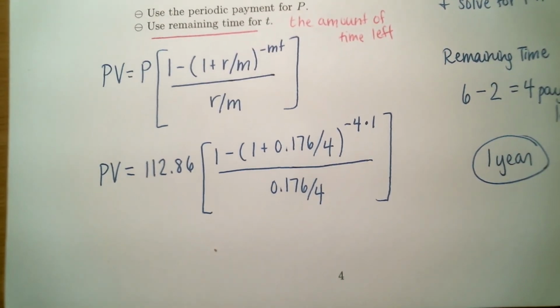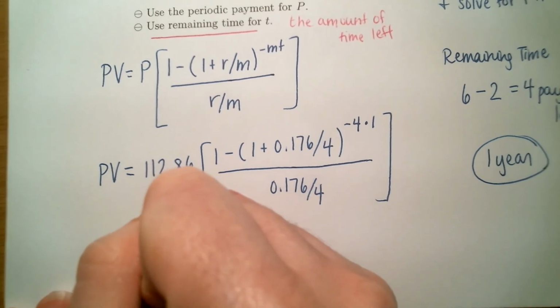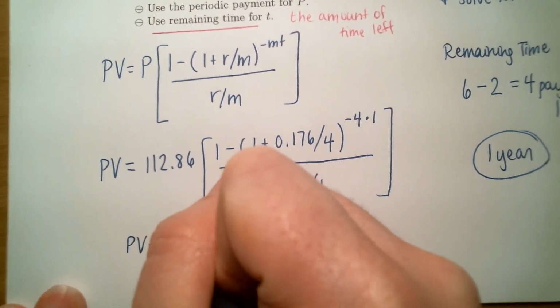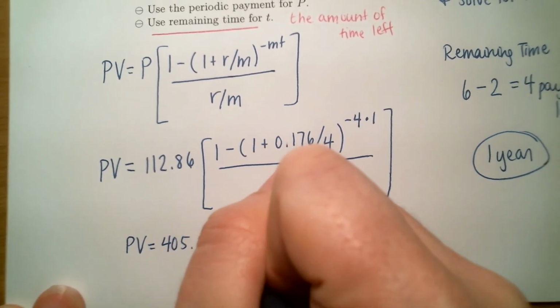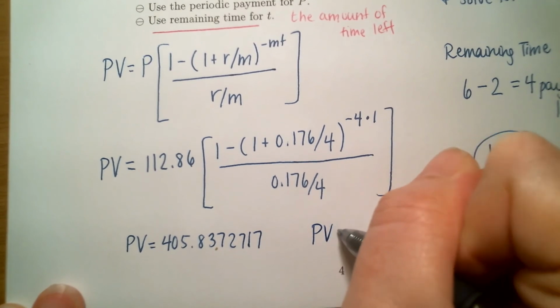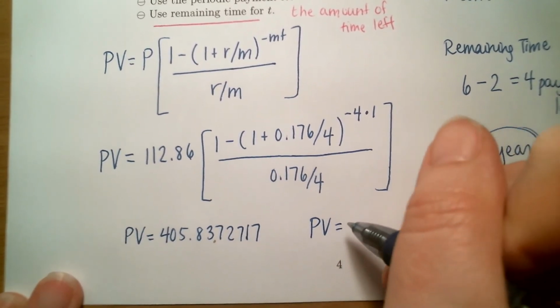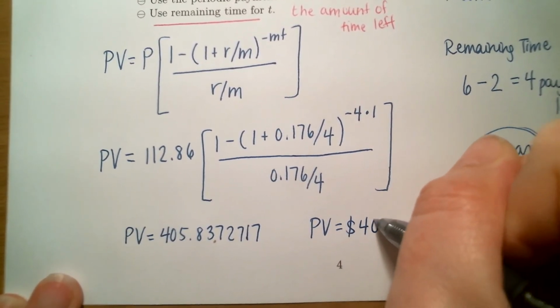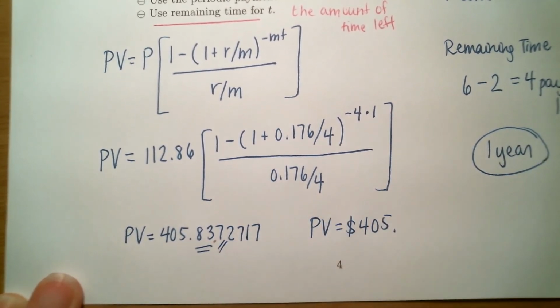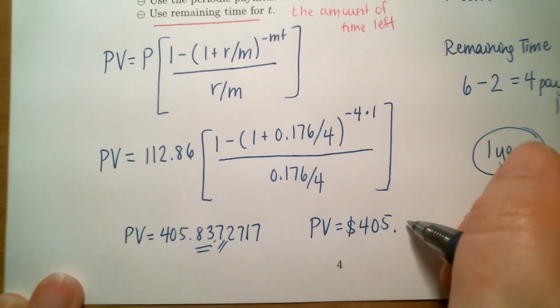So you should get that the present value is 405.837217. So you need to round this to dollars and cents. So this is going to be $405, and you've got 83 cents. You look after the 3, there's a 7, so you need to round it up.